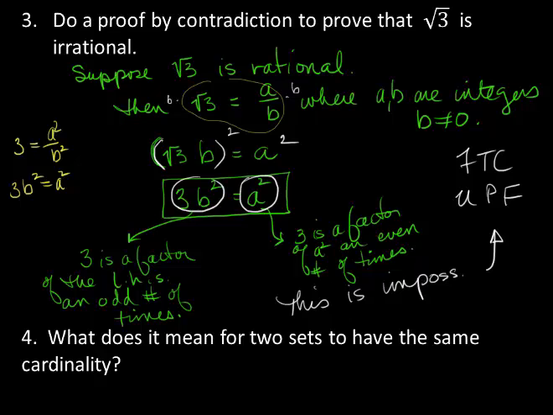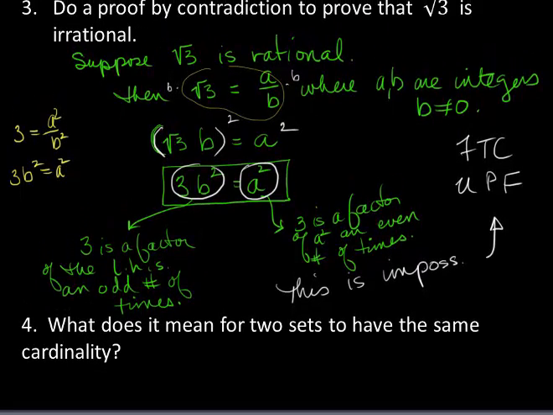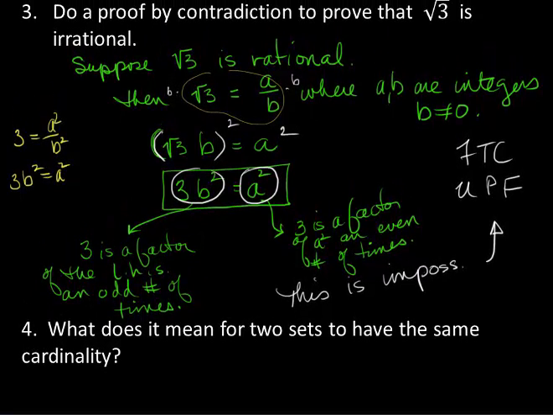What does it mean for two sets, two collections, to have the same cardinality? All right, well, you should be able to write a sentence. Two sets have the same cardinality. Let's see, how could I say?